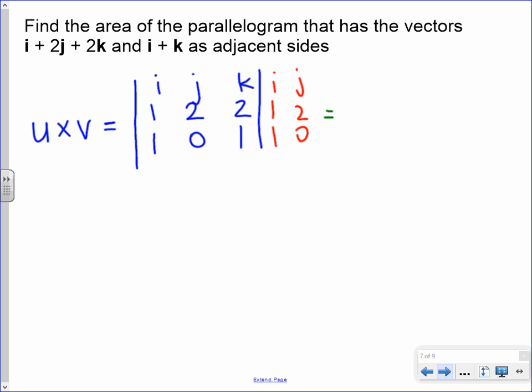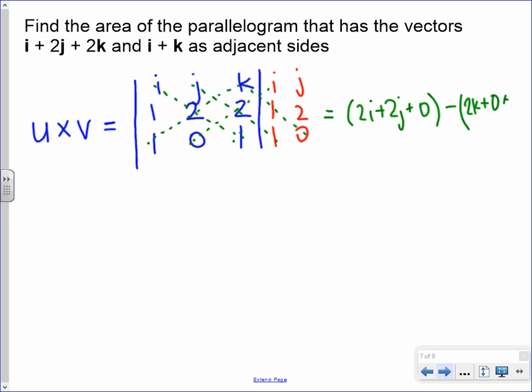So down diagonals, i times 2 times 1, j times 2 times 1, and k times 1 times 0. Minus the up diagonals, 1 times 2 times k, 0 times 2 times i, and 1 times 1 times j.